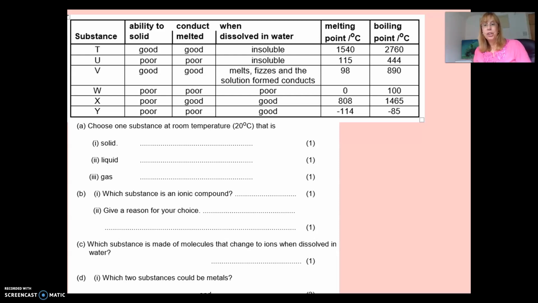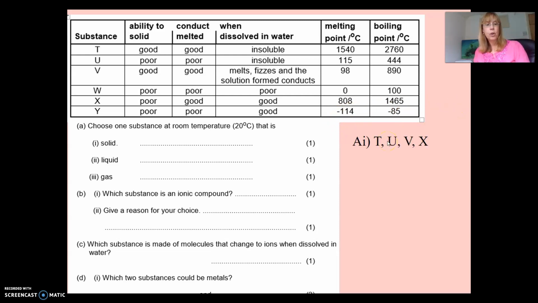Okay, how did you do? Let's have a look. Choose a substance which at room temperature is a solid. Room temperature is about 20 degrees Celsius. T hasn't yet melted, U hasn't yet melted, V hasn't yet melted, W has, X hasn't yet melted, and Y has; in fact, it's melted and already turned into a gas, because 20 degrees will be on this side of this number line.